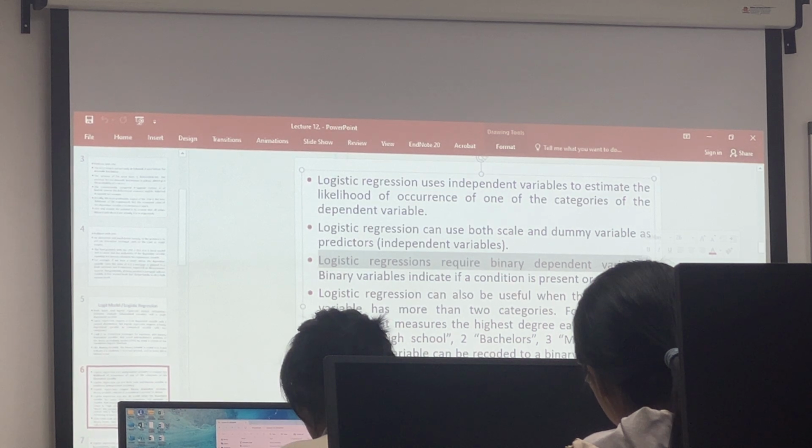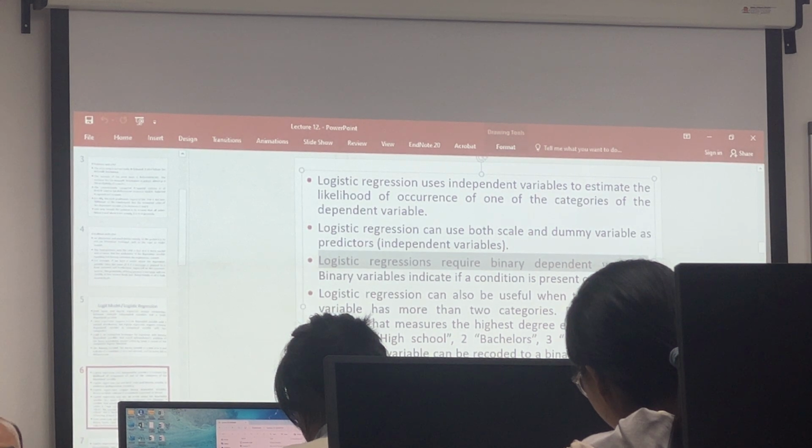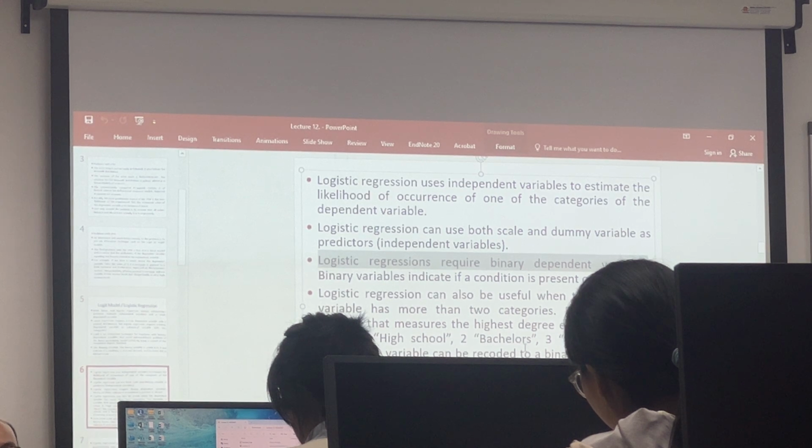A binary variable indicates if a condition is present or absent. Logistic regression can also be useful when the dependent variable has more than two categories. For example, a variable that measures the highest degree earned may have value 1 for high school, 2 bachelors, 3 masters, and 4 PhD. The variable can be recoded to a binary form.